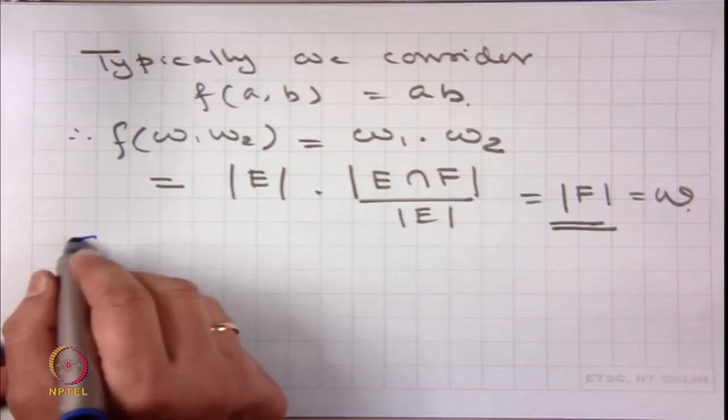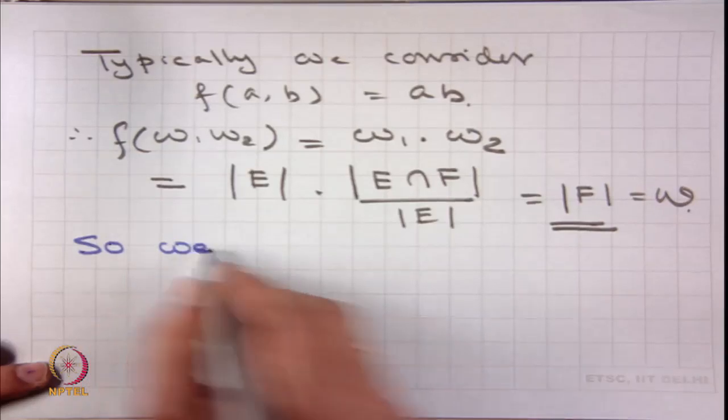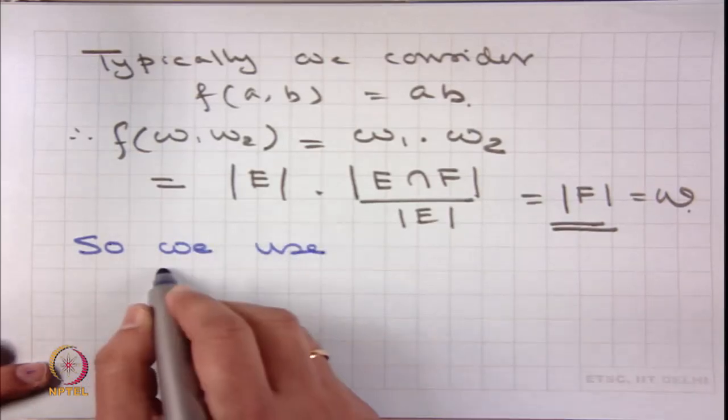So, what do we do? Fuzzy multiplication.